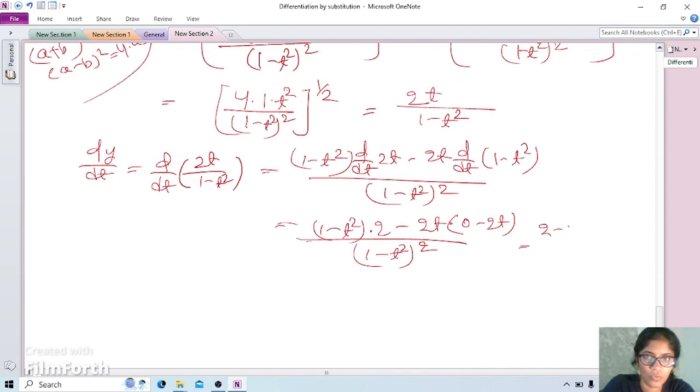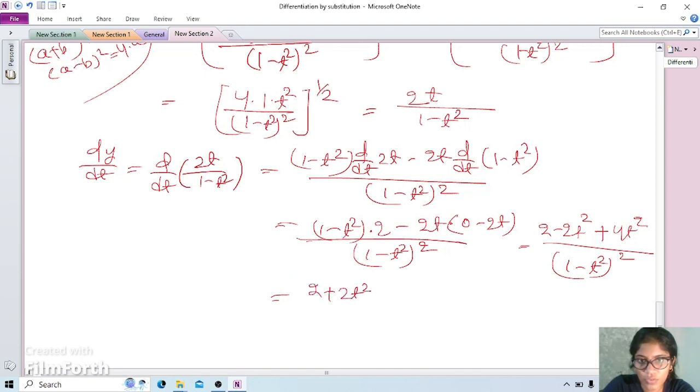Question number 6: given y is equal to sine inverse of 2x by 1 plus x square. We already told you that in the case of 1 plus x square, put x equal to tan theta.